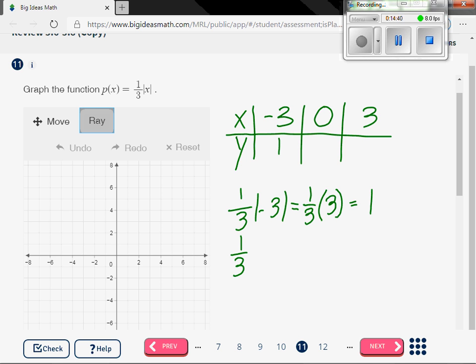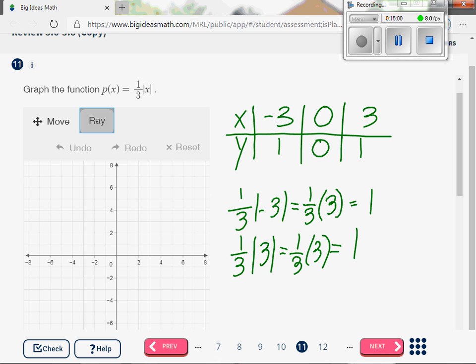If we plug in +3 into the absolute value, we end up getting 1 as well. And anything times 0 is going to be 0. So if we were to graph this, well, we'd start out at 0, 0. And at -3, we are at 1.